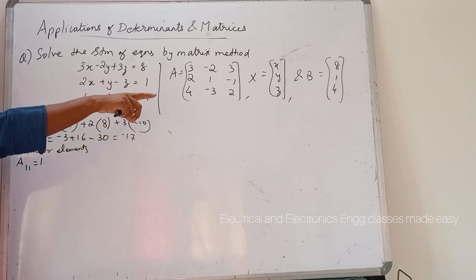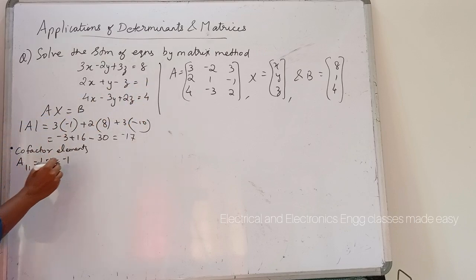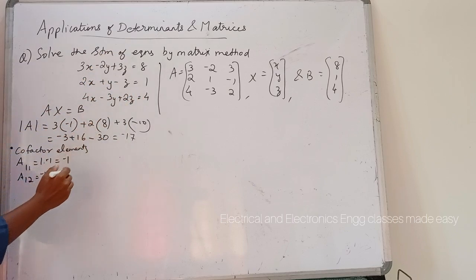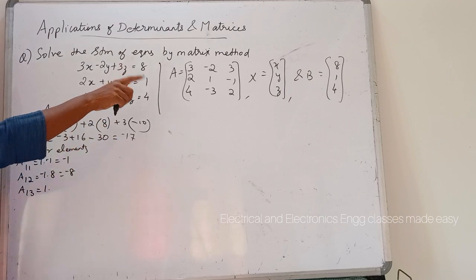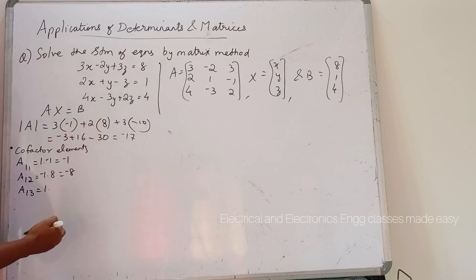So M11 is 2 minus 3, that is minus 1. Then A12 is minus 1 into M12. So M12 is 2 plus 4, that is 8, so minus 8. Then A13 is 1 into M13, that is minus 6 minus 4, that is minus 10.